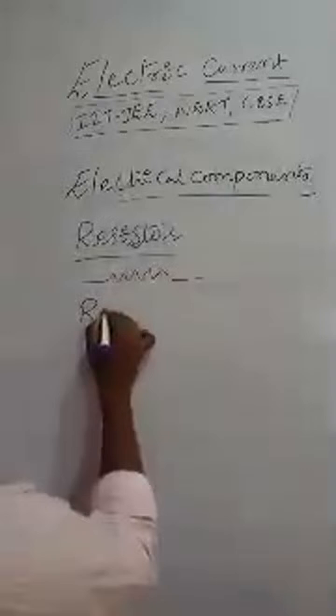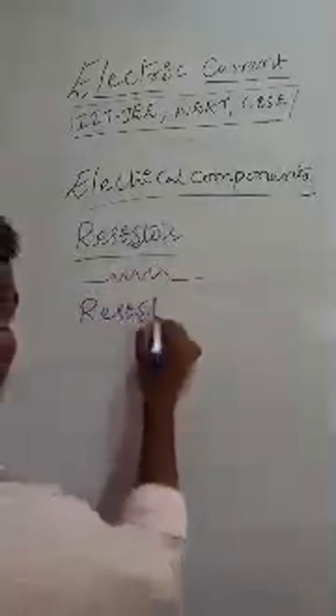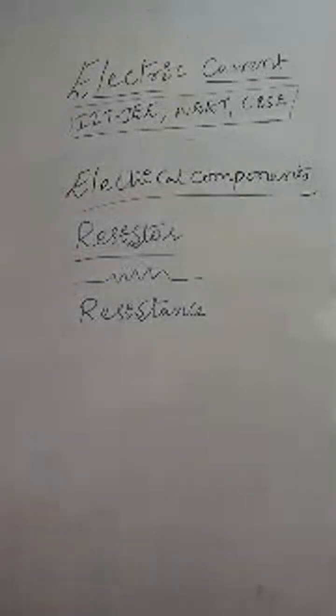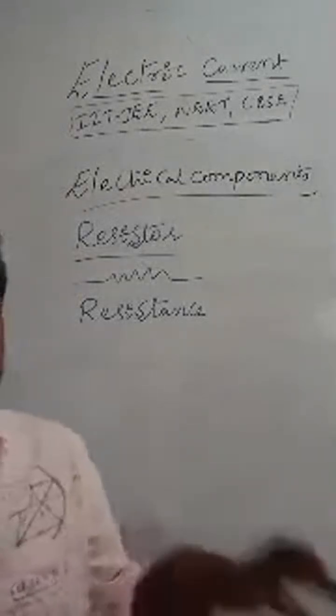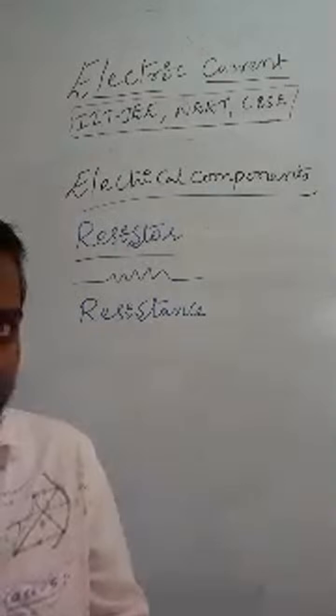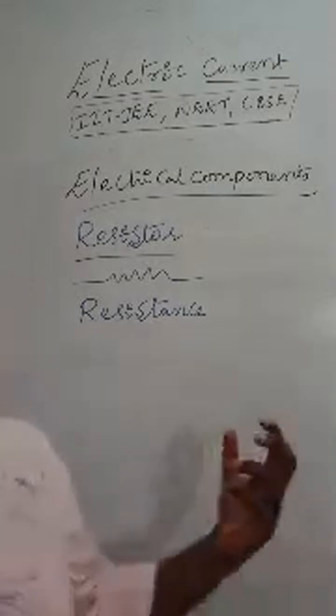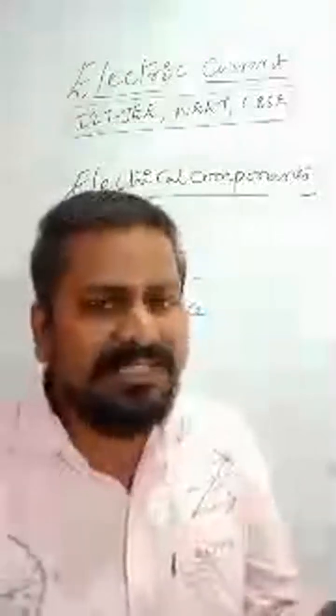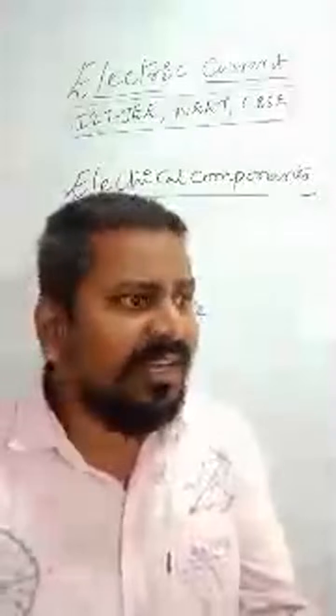Now resistance. What is resistance? Resistance is the phenomenon, the process in which the electric current is stopped. We are stopping the flow of electric current, opposing it. That is called resistance. So be very clear about it. Sometimes when they ask about the resistor, people get confused.